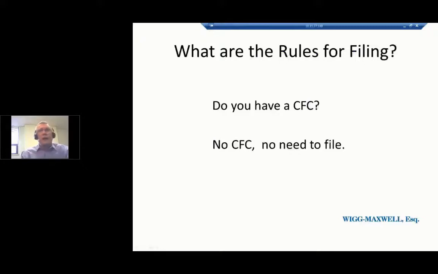What are the rules for filing a 5471? A nice place to start. In a very big overview, the 5471 is about Subpart F and Subpart F income, and you only get Subpart F income if you have a controlled foreign corporation.